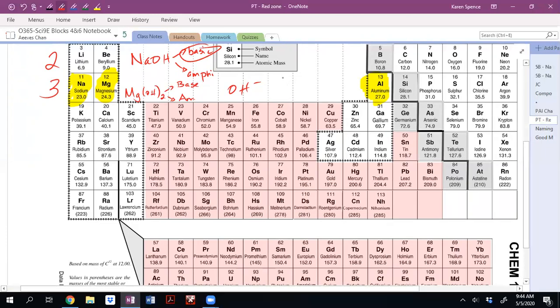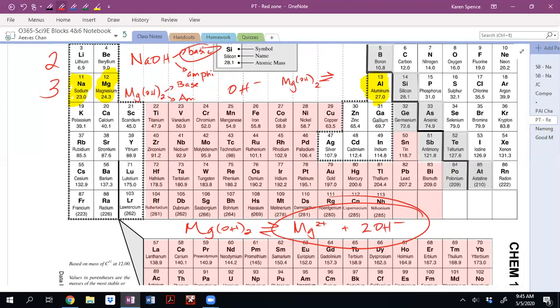Okay, so Mg(OH)2, it's not particularly soluble, but when it dissolves, maybe I'll write it down here because I've got more room. Mg(OH)2, when it dissolves, you will end up with Mg 2+ and 2 OH minus. Have we ended up with a solution that is acidic or basic or both? We've ended up with a solution that is basic.